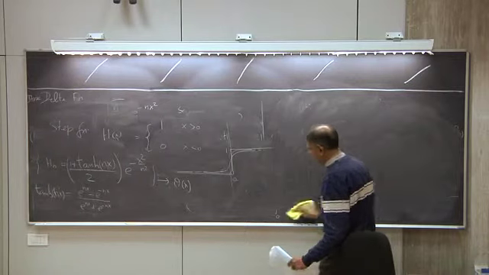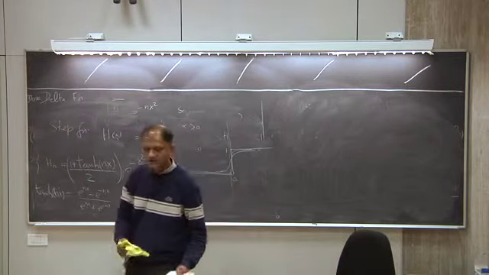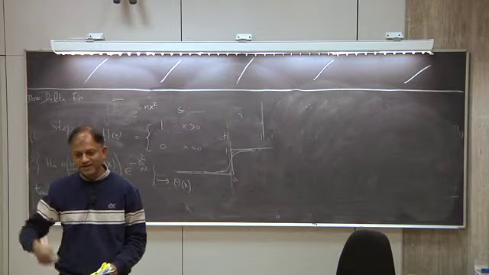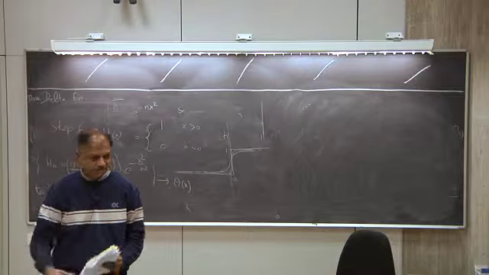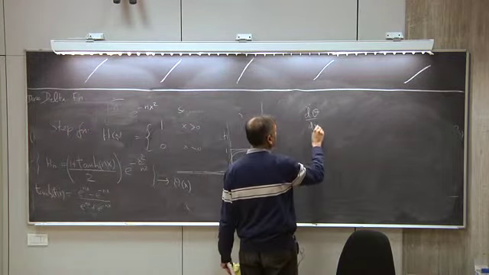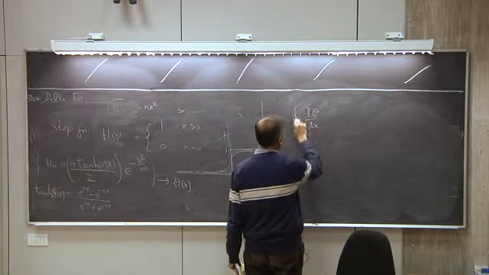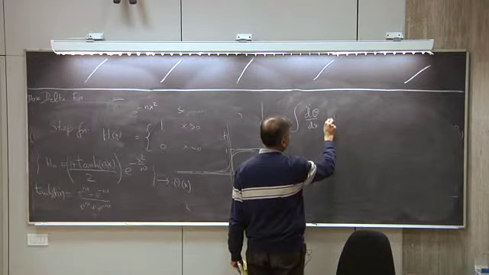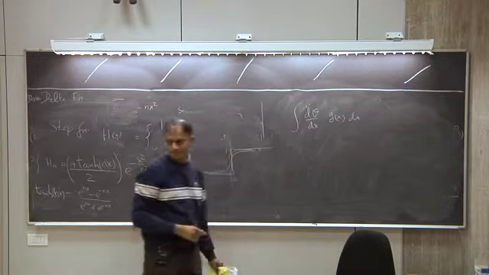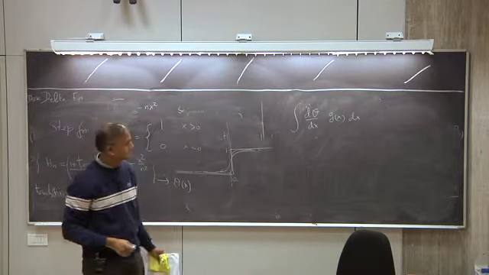We have already proven before that one of the important properties of generalized functions is that the derivative always exists, and it again gives you a generalized function. So let us consider d theta by dx, and consider the integral of this with anything, say g of x dx, where g of x is some good function.